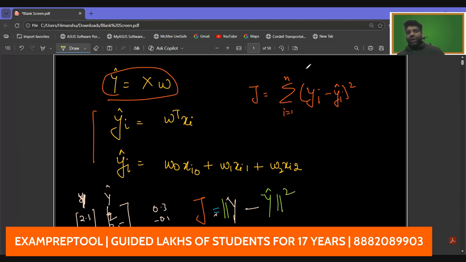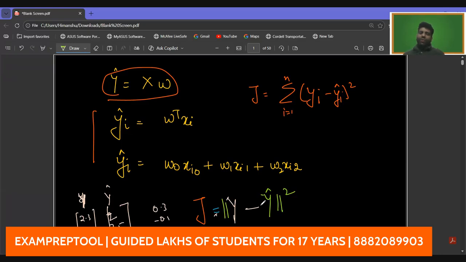So whatever you're getting over here, the same expression, basically the same value, would be returned by this. So I hope you can see both ways how we are going to calculate our sum of squared errors, or the error or the loss function. Okay, now if this is clear, now I'll tell you how do we actually calculate it.